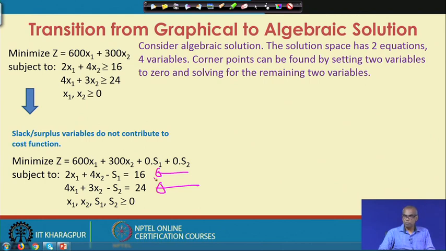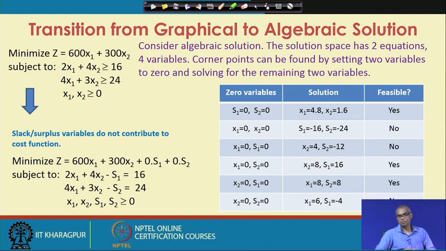The corner points can be found by setting 2 variables to 0 and solving for the remaining 2 variables. You have 4 variables and 2 equations. So, you can set 2 variables to 0 and can solve for the remaining 2 variables. And by doing this, we can find all the corner points. So, there are 6 combinations possible.